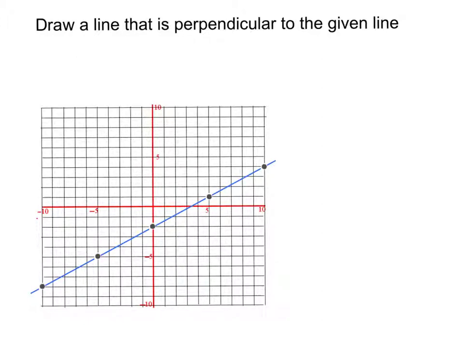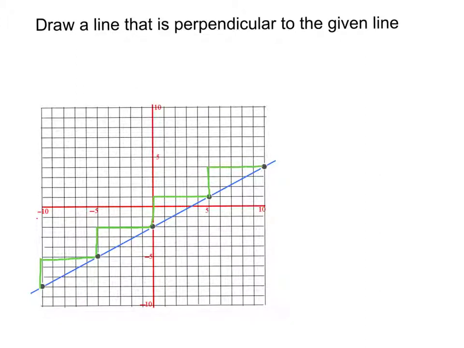Let's start at the point on the far left, -10, -8. If we start at that point, it looks like we have to go up 3 and to the right 5 to get to the next point. And from that point, it looks like we need to go up 3 and to the right 5 again to get to the next point. And then again up 3 and to the right 5, and up 3 and to the right 5.